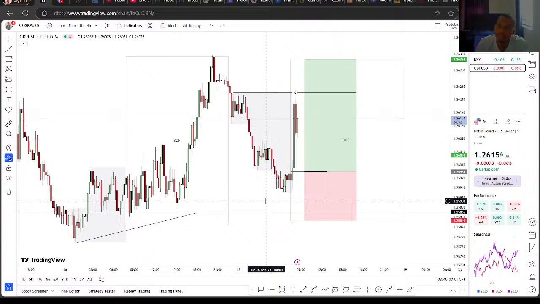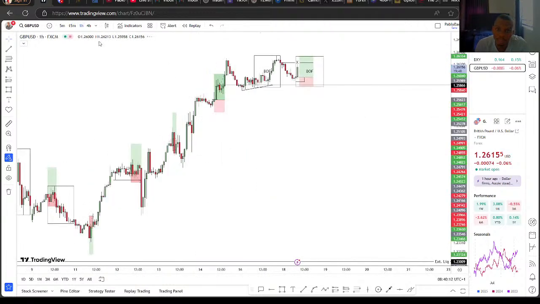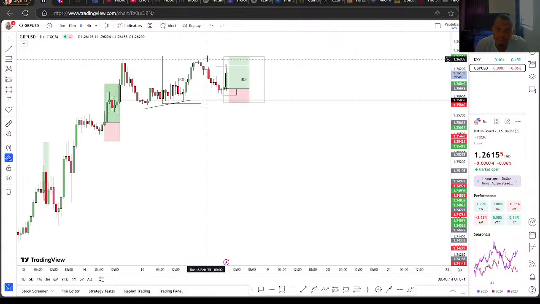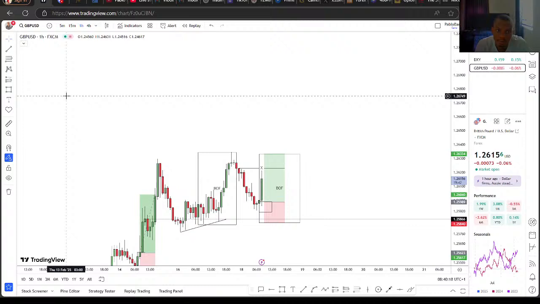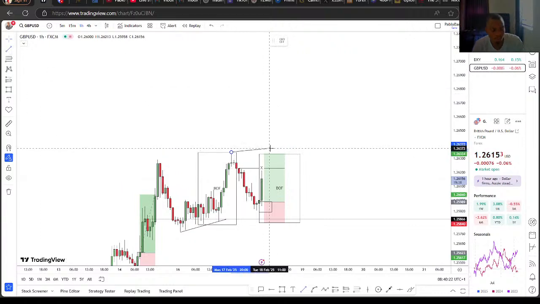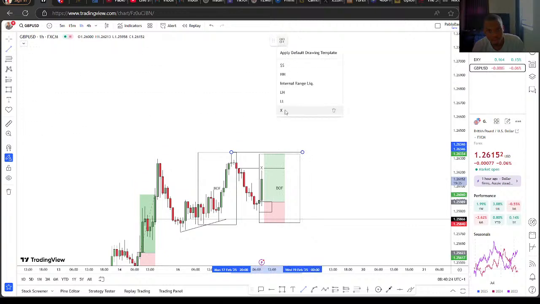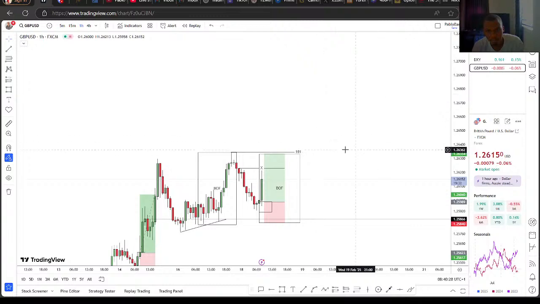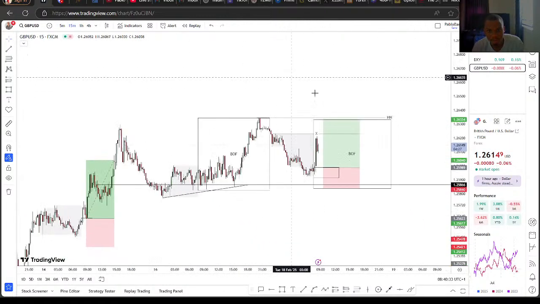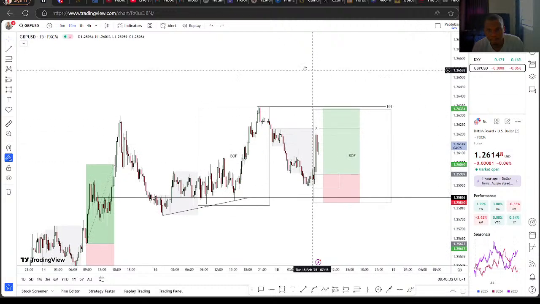But on the other hand, if price didn't tap our entry and then breaks out this high, takes this high, then we won't be looking for longs from that area again. We'll just be done for the day.